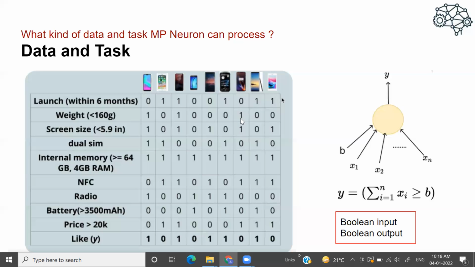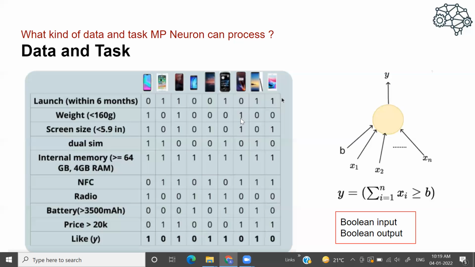Okay, so the one feature which we are considering here is launch within 6 months, and it can be 0 or 1. The other variable we consider is whether my phone is light or heavy, right? Again, that can be represented as 0 or 1. We also think about the screen size, right? We think whether the phone is dual SIM or not. We think about the memory configurations, right?